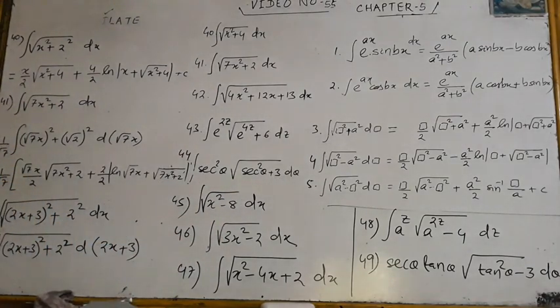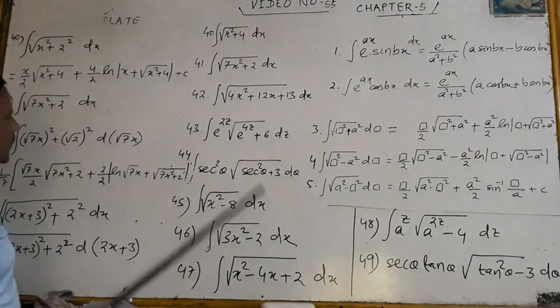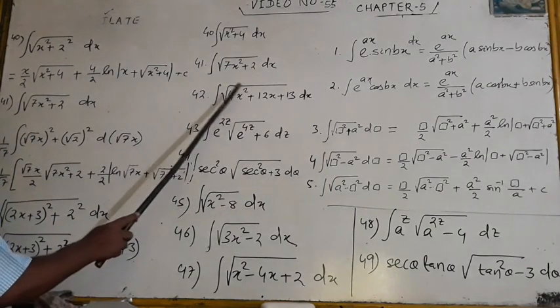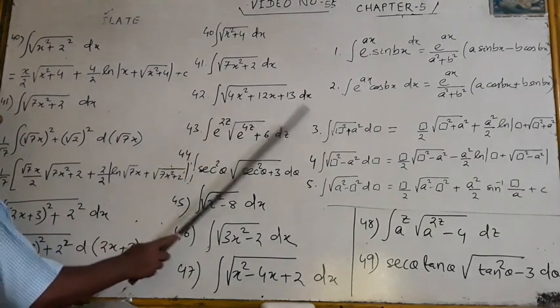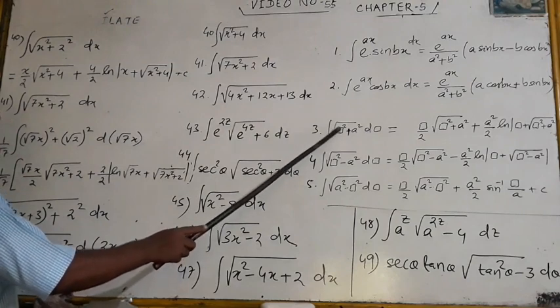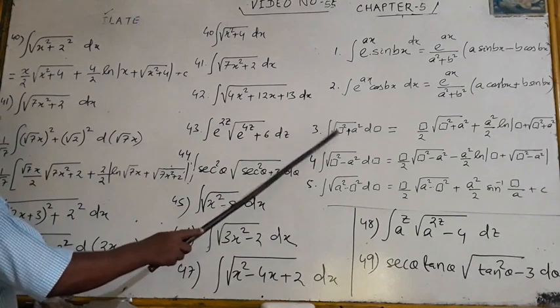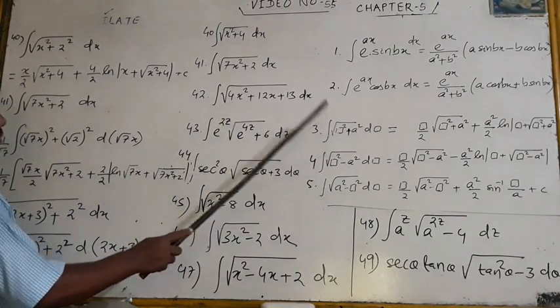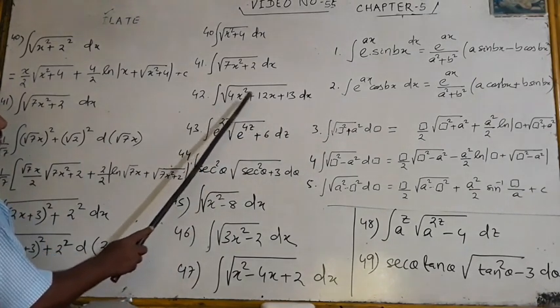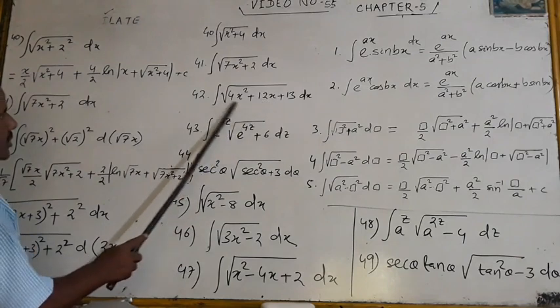Now look at 42. It is 4x square plus 12x plus 13. Look here. What do we have to do? We have to take a variable. Whose square is this? It is 4x square plus 12x, you have to adjust this.